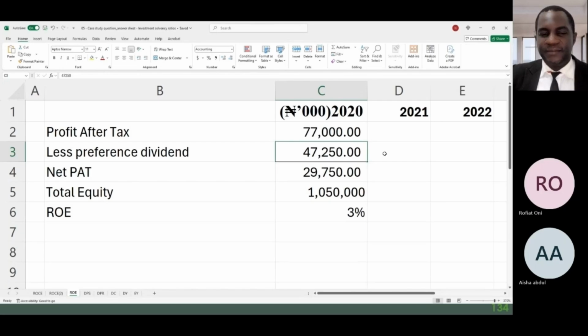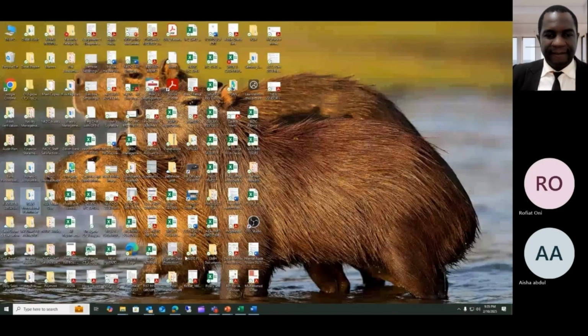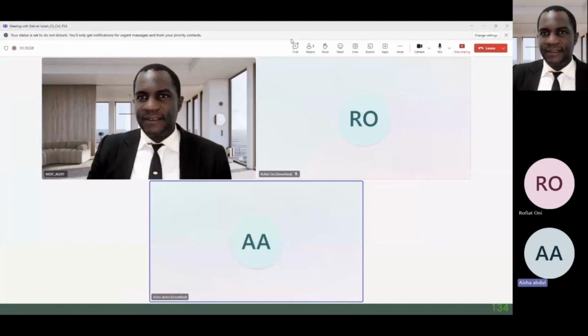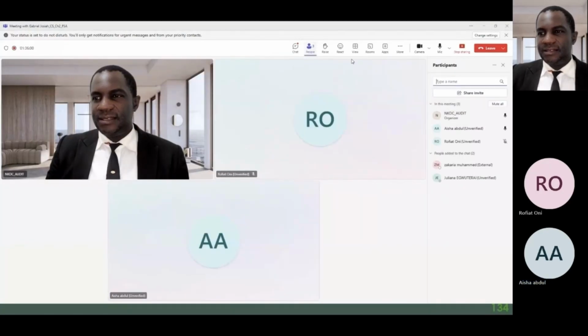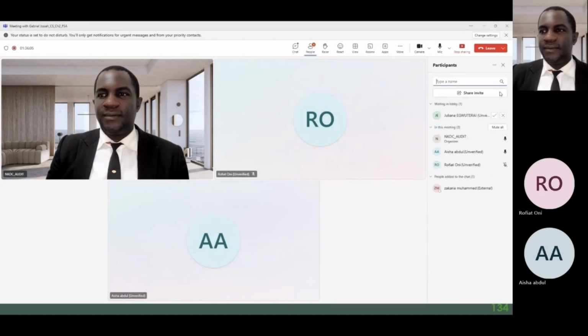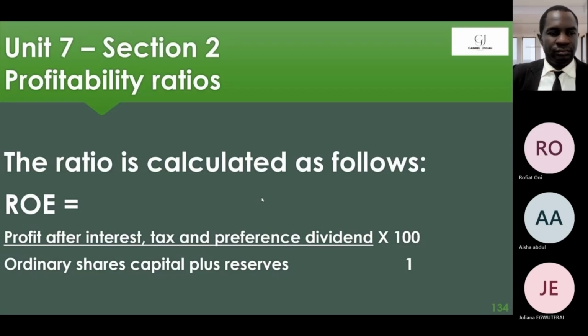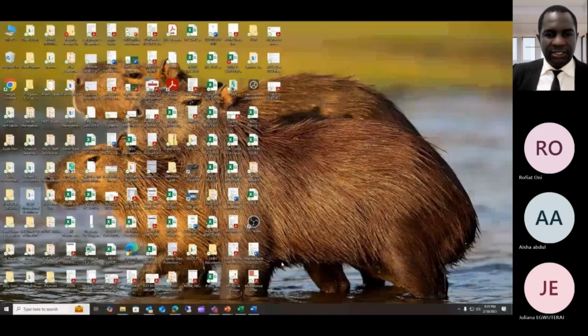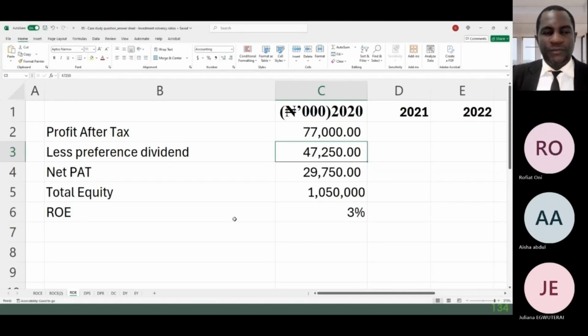Can you hear me? Someone couldn't join because the network was bad also. Yes, I noticed the network. She's trying to join. She's going off and coming back. Okay, so Julie is back now. Okay, fantastic. So Julie, confirm if you can see the screen. I can see the screen now. Okay, fantastic. So maybe Rufi is having a network challenge.